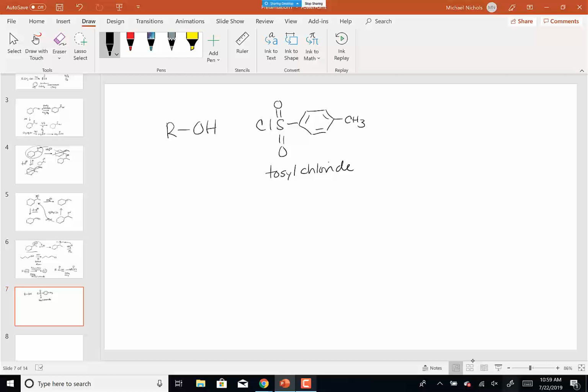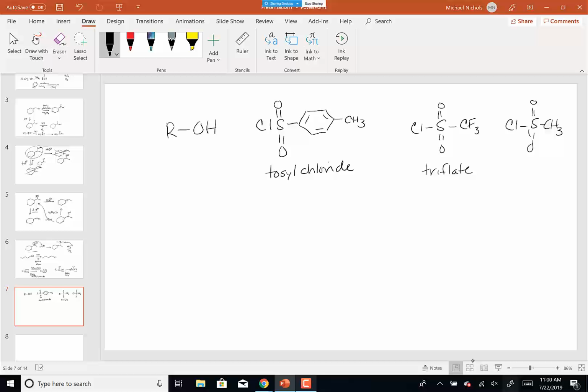There's also an S with two double bonds to O, with a Cl and a CF3. This is called a triflate, or it forms a triflate. It's trifluorosulfonyl chloride. And then you can also just use a simple methyl group. The book talks about all three of these. My favorite is just using tosyl chloride.